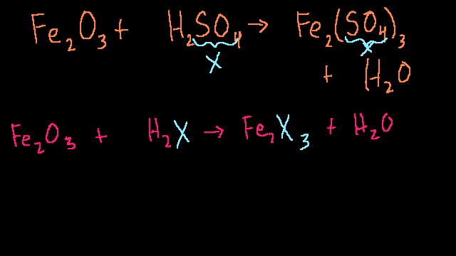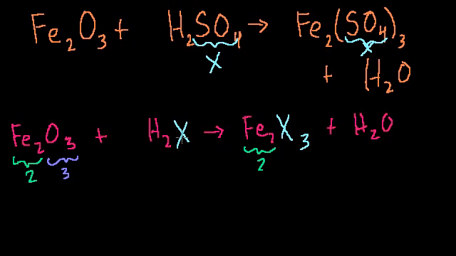So let's see. On the left-hand side, how many irons do we have? We have 2 irons here and 2 irons there, so the irons look balanced at first glance. Let's deal with the oxygens. We have 3 oxygens here, and we only have 1 oxygen here.